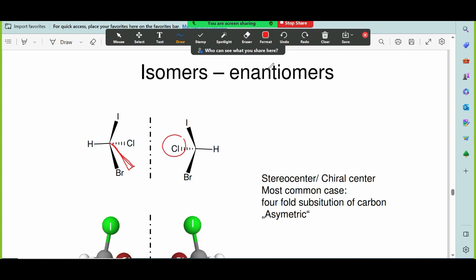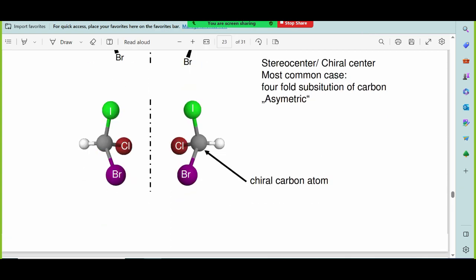So in this case, we call it an enantiomer. You can visualize it better here. You see, this is pointing towards us, this is pointing towards the back. If you rotate it, you will have the chlorine pointing toward the front, and bromine and iodine will be pointing towards the back. So it's not the same molecule.